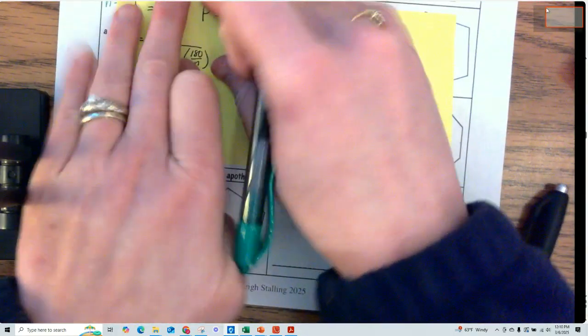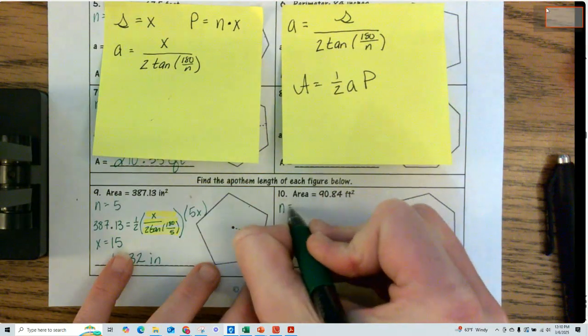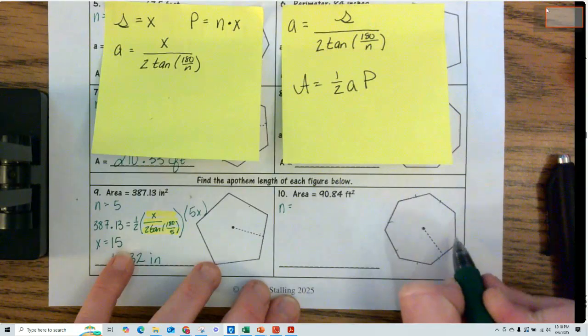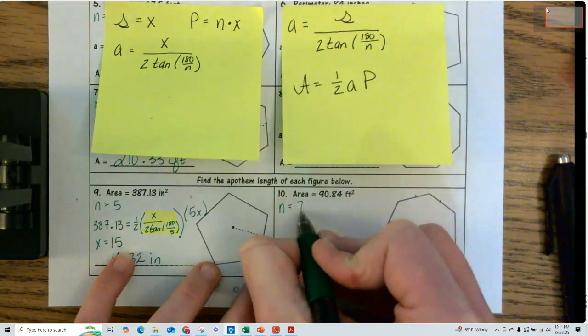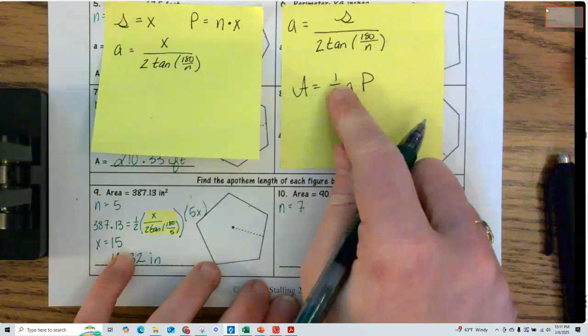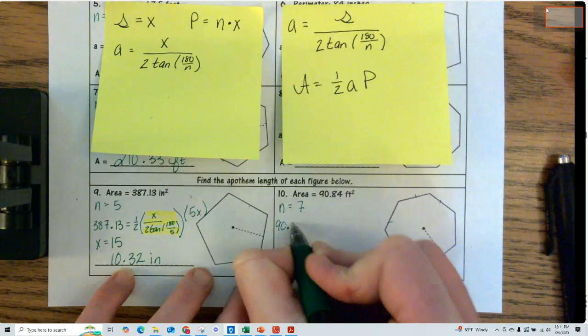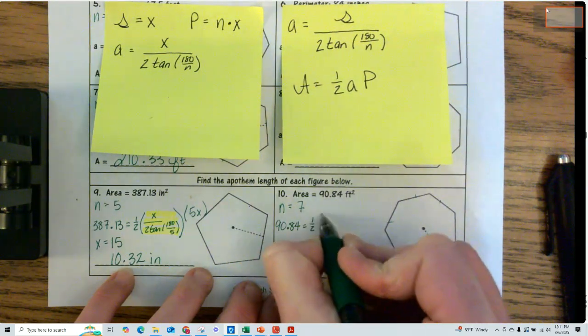Okay, so number 10, we're going to do the exact same thing. So we're going to find our number of sides. 1, 2, 3, 4, 5, 6, 7. Yep. All right, and then our formula. So we have the area this time. 90.84 equals 1/2.